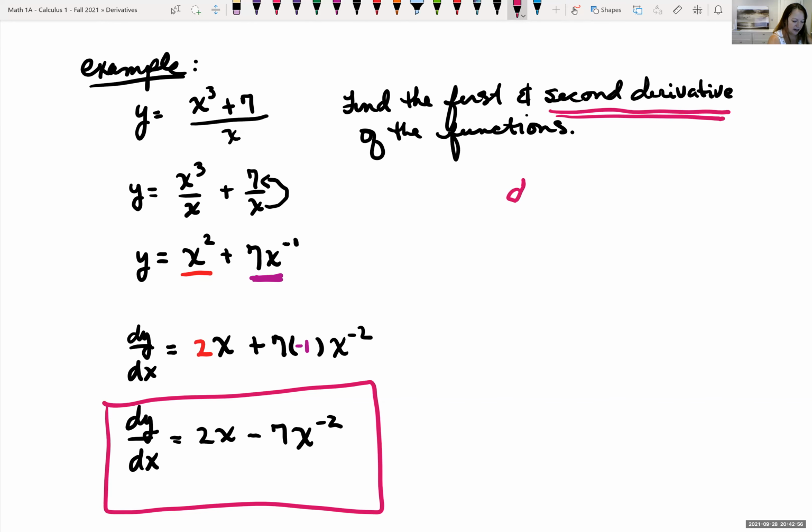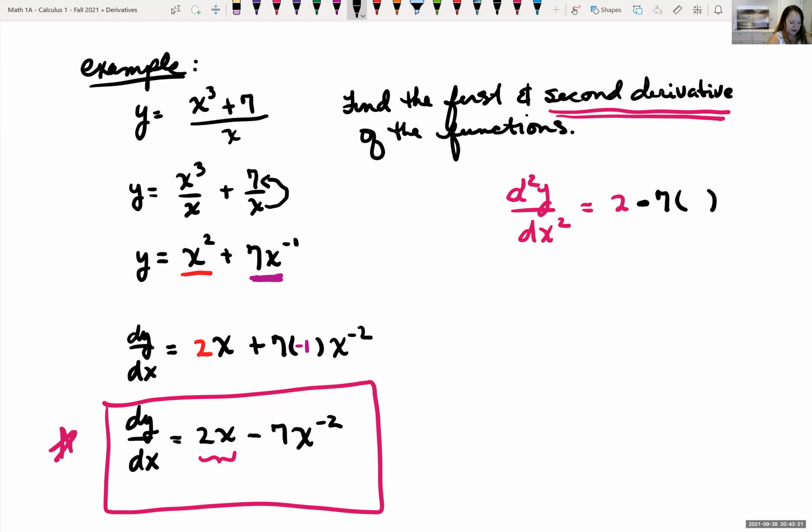So let's look at the second derivatives. That's saying I could write this as d squared y over dx squared. I'm just taking the derivative of my derivative function. So the derivative of my first term, the derivative of 2x, is just 2. And I have this minus 7. And I want to use my power rule again.